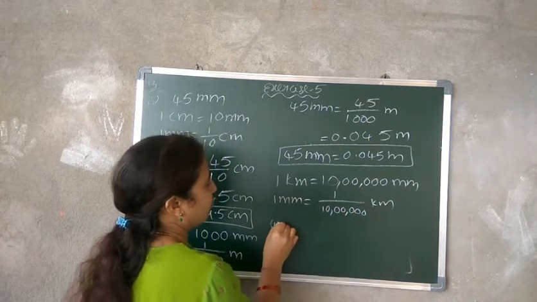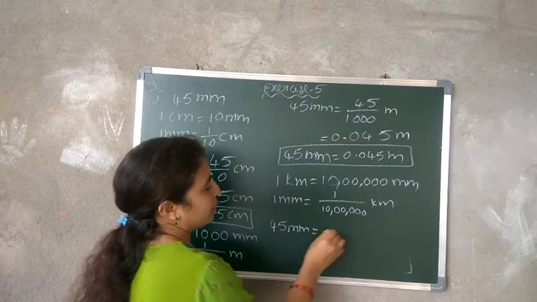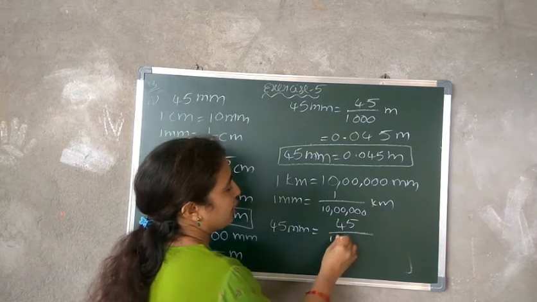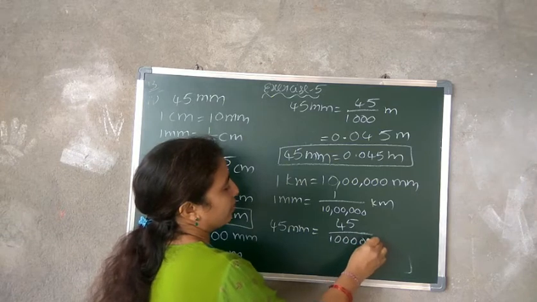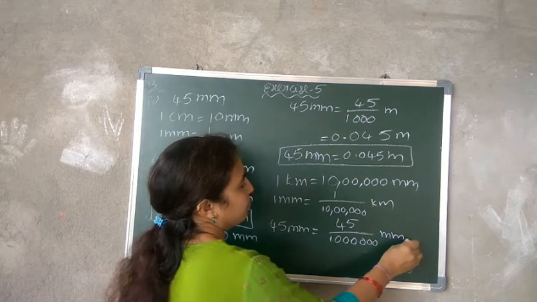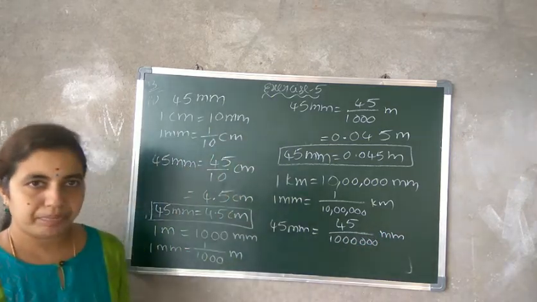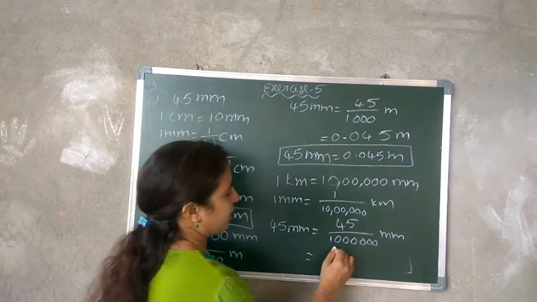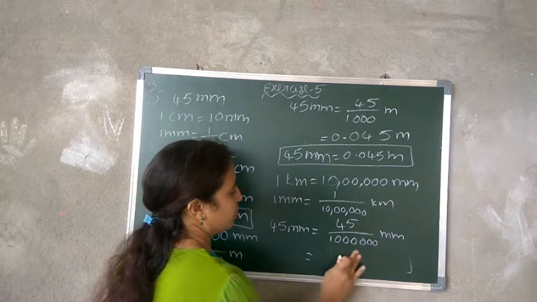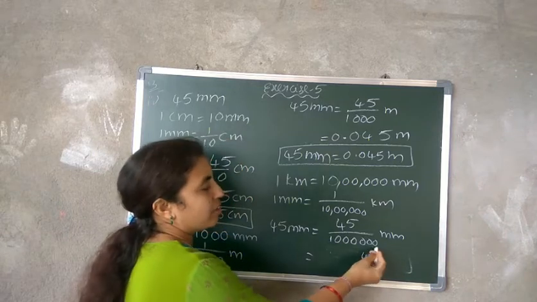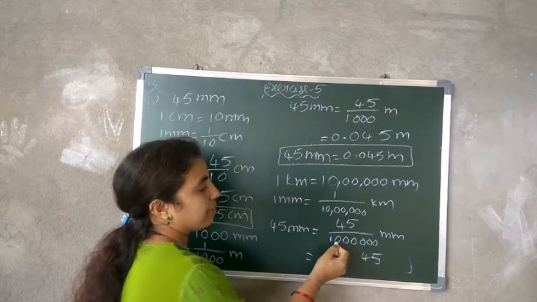But what is given? 45 millimeters. So 45 by 10 lakhs kilometers. Now write 45. How many zeros do you have? 1, 2, 3, 4, 5, 6.